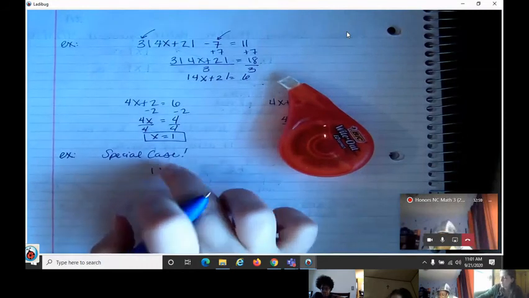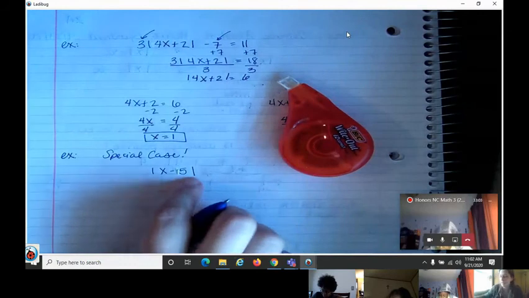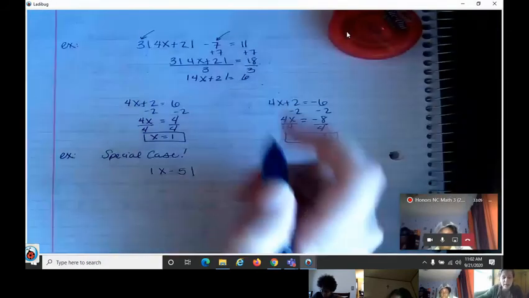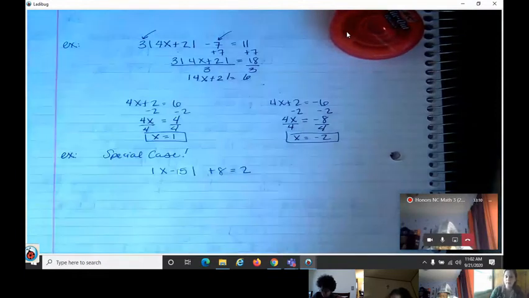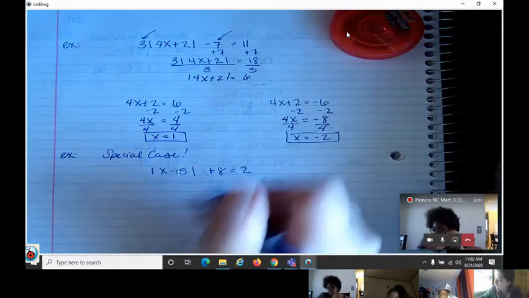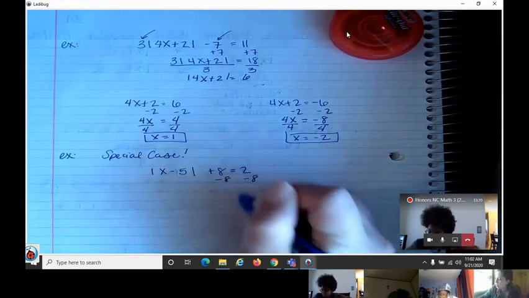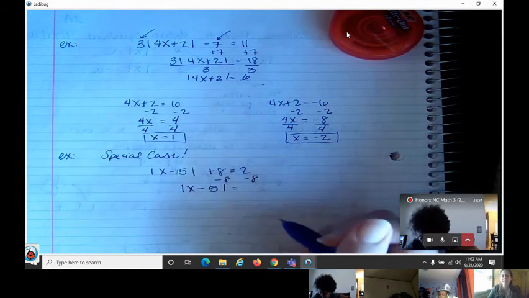Whenever I do absolute values, I frequently accidentally put a round parenthesis instead of an absolute value bar at the end. Now, what am I going to do to solve? What's the first step? Subtract 8. Perfect. So I'll have the absolute value of x minus 5 equals, what's 2 minus 8?